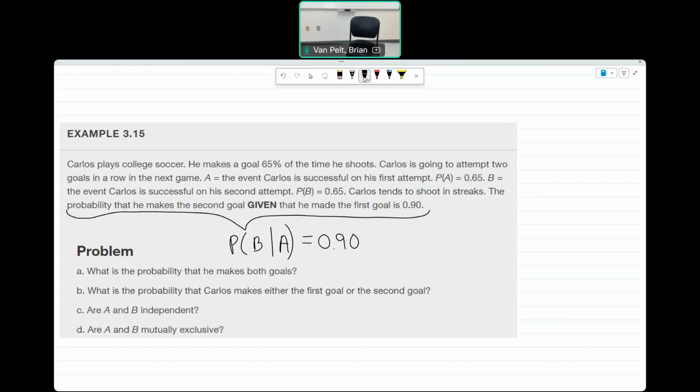Now, the probability that he makes both goals, so they want A and B to be the case. There's two formulas for it.